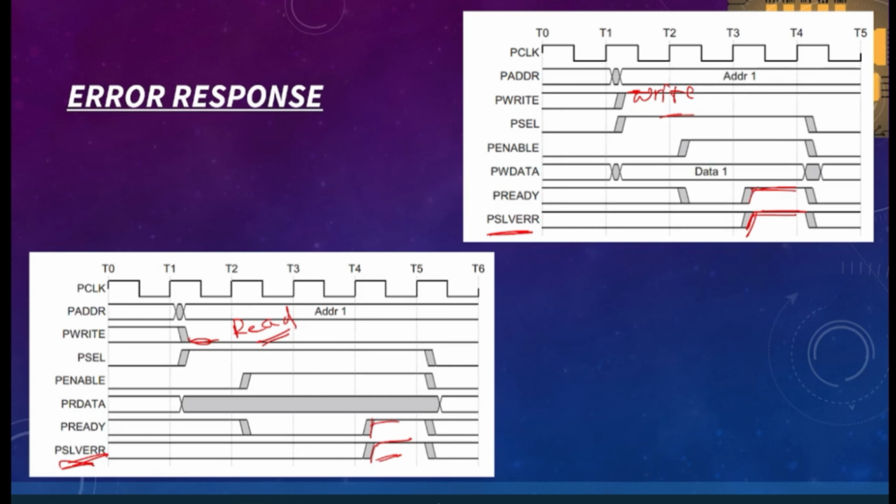Mostly you will include the PSLVERR signal only when you need to get a response from the slave, like an acknowledgement that it has received the data. So whenever you need any acknowledgement while transferring your data, then you will include your PSLVERR. So this is about the APB protocol.